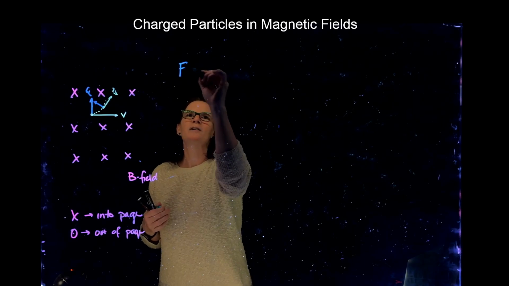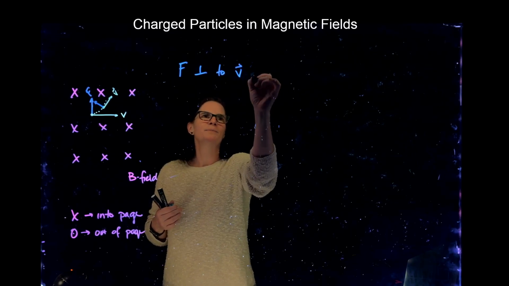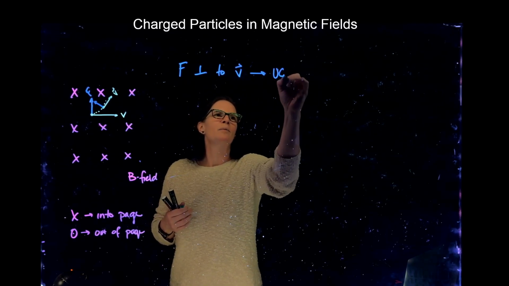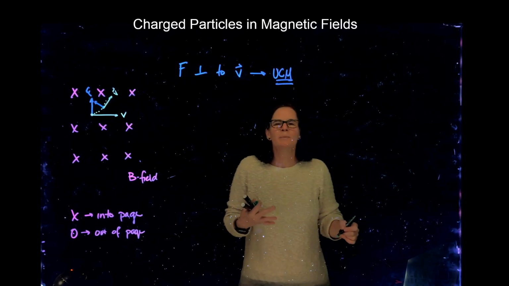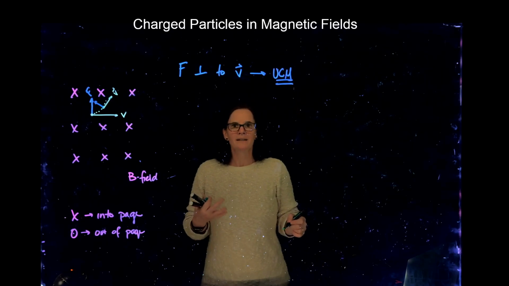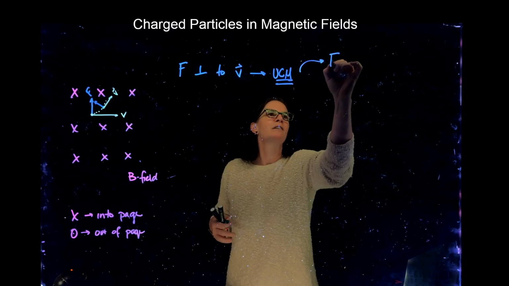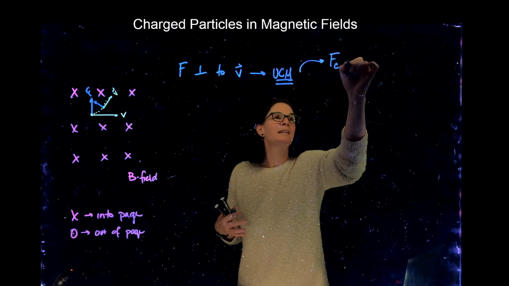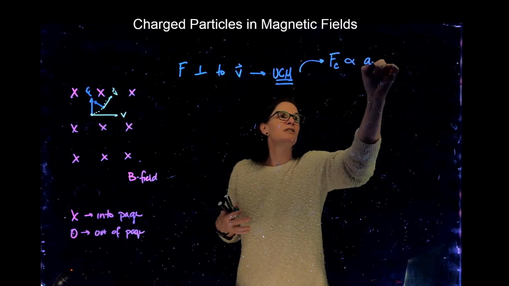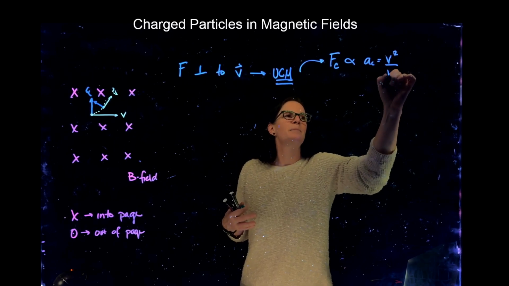As the force is perpendicular to the velocity vector, we end up with uniform circular motion. So as it continues to be perpendicular to that velocity vector, we end up with uniform circular motion, which means the particle feels a centripetal force, which we know is related to the centripetal acceleration, which of course is the speed squared over the radius.